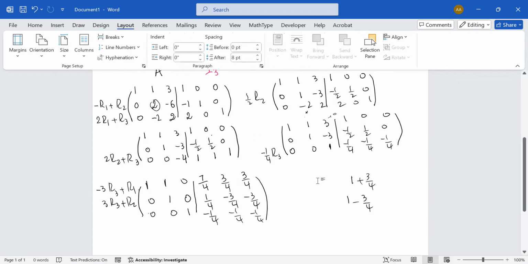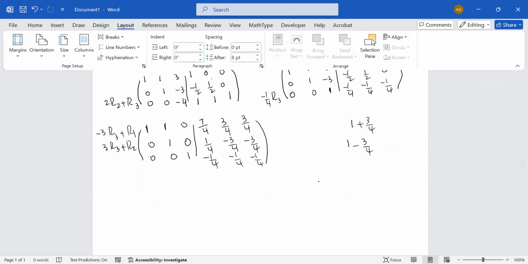All right, so finally, the very, very final steps. To make this one 0, using row number 2, I do negative row number 2 plus row number 1, which I'm going to change for row number 1. So 1 minus 0 is 1. 1 minus 1 is 0. 0 minus 0 is 0. So basically, I'm subtracting row number 2 from row number 1.